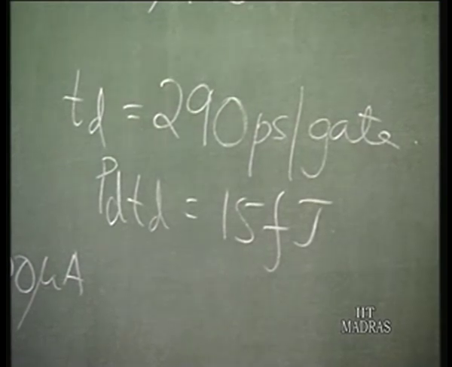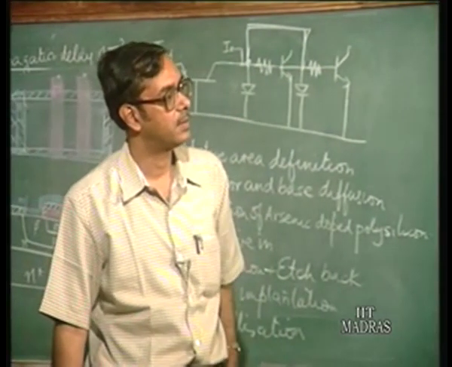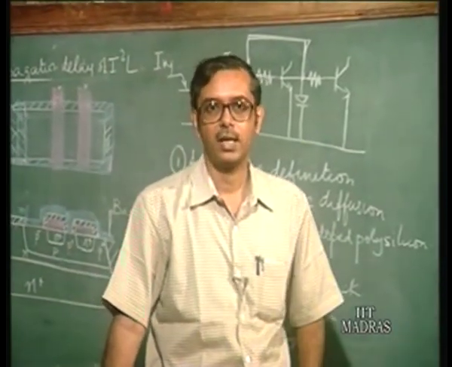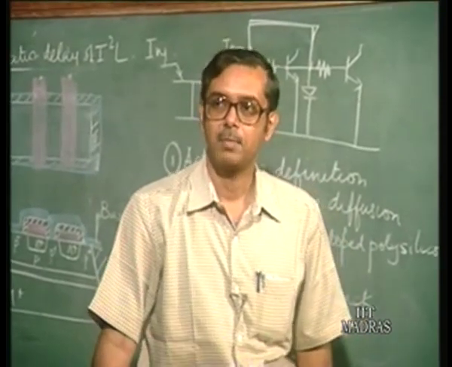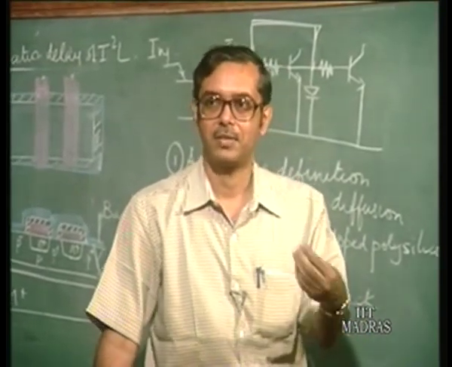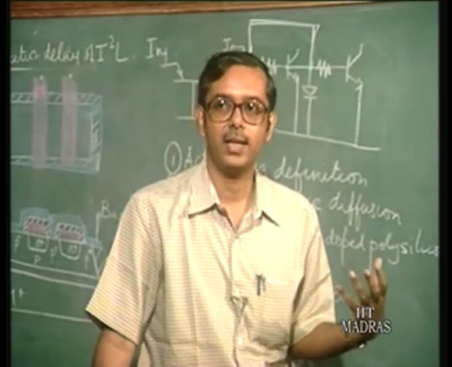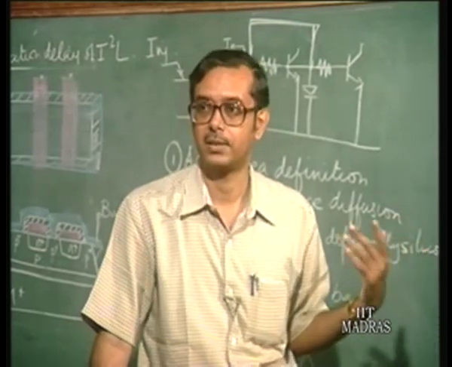Presently a lot of work is going on in I²L made out of heterojunctions. I shall take that up a few classes later, because I have to introduce the advantages of heterojunctions. In heterojunction I²L, the delays have been even less than 100 picoseconds.